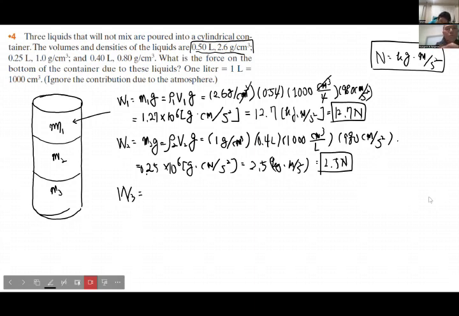So can you now solve the case for the third liquid? It has 0.4 liter of volume and 0.8 gram per cubic centimeter density. And you can also figure out the total force exerted by these three liquids sitting on top of each other.